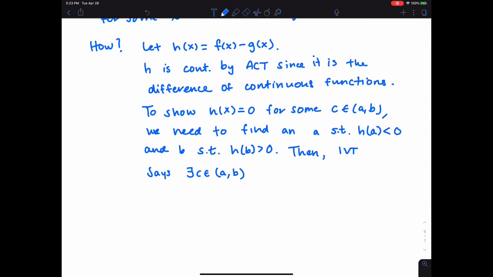But it says there exists a c in here such that h of c is equal to 0. And so what that really means, using the definition of h of c, is that f minus g of c is equal to 0. And that implies f of c equals g of c, and we found our value.